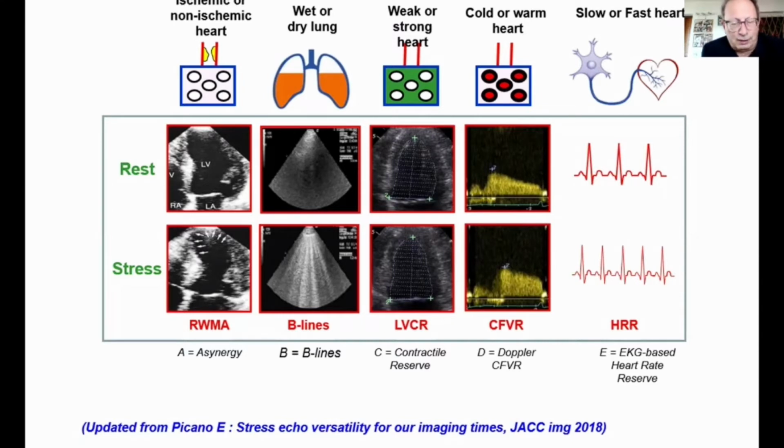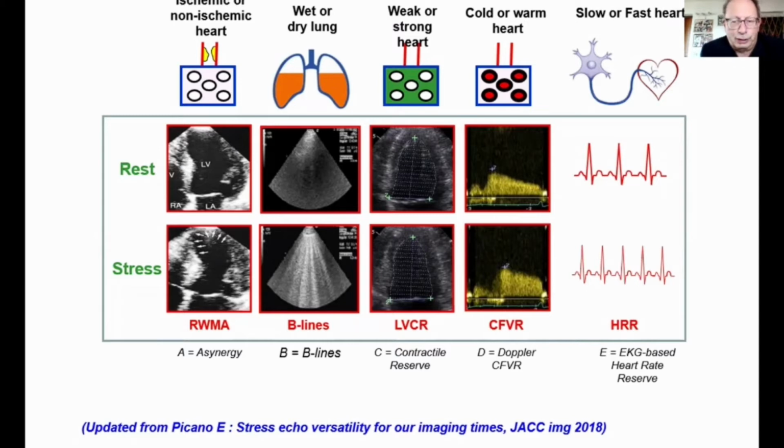Wet or dry lung with a B step, which stands for B-lines and measures pulmonary congestion and extravascular lung water. Weak or strong heart with the volumetric echocardiography measuring preload and contractile reserve.